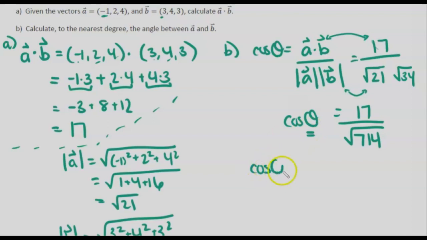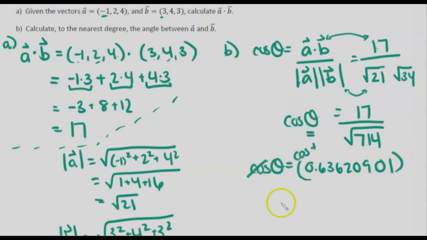If I put 17 over root 714 in my calculator, I get 0.63620901. Then I'll cos inverse both sides, and I get 50 degrees. So the angle between vector A and vector B here is 50 degrees.